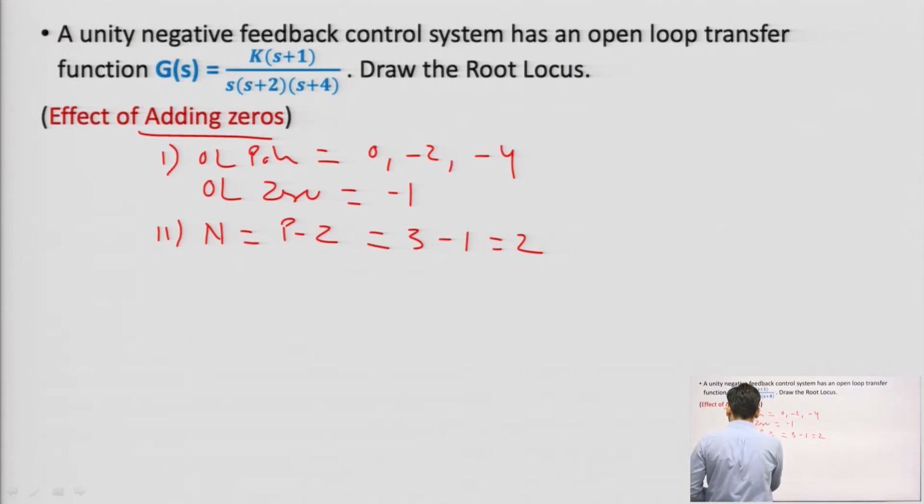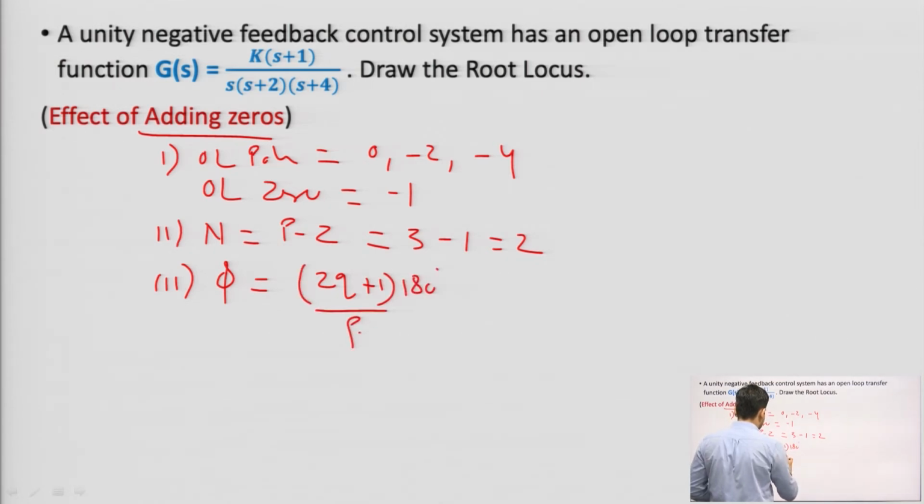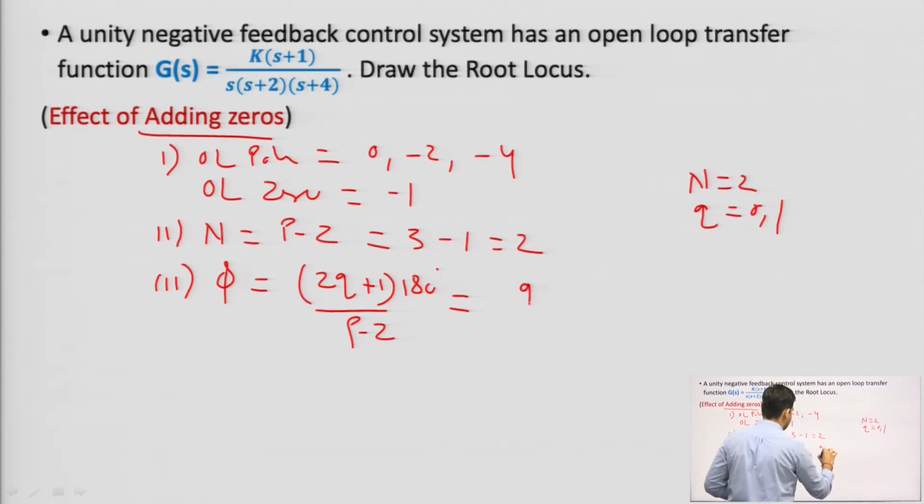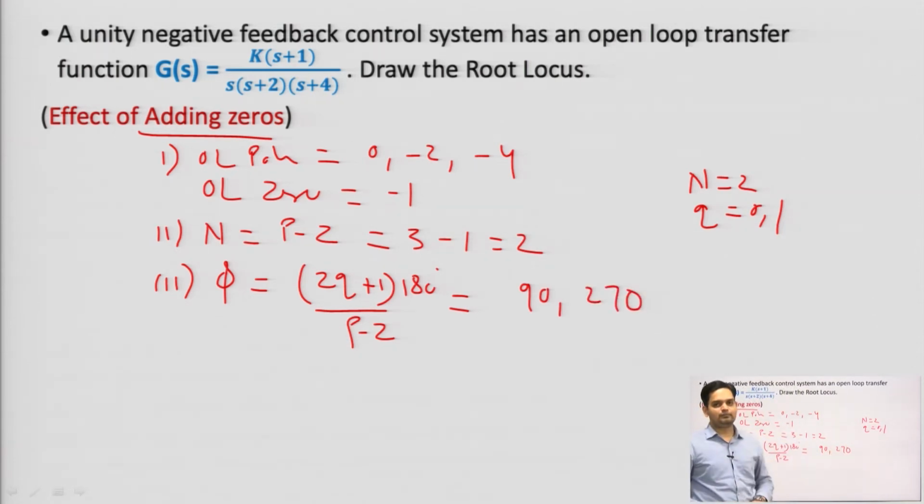Now we would like to know the angle of asymptote. It is given by 2q plus 1 times 180 divided by p minus z. Here, when n is 2, q would be 0 and 1. If you solve it, you will get 90 and 270. Okay, this is our angle of asymptote.